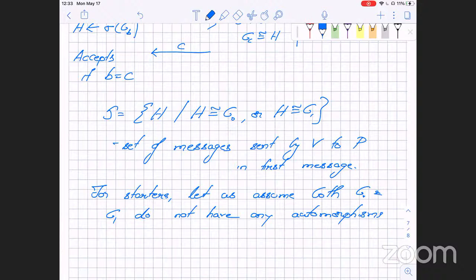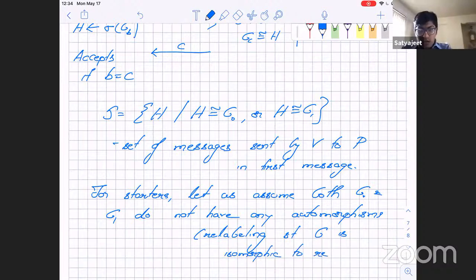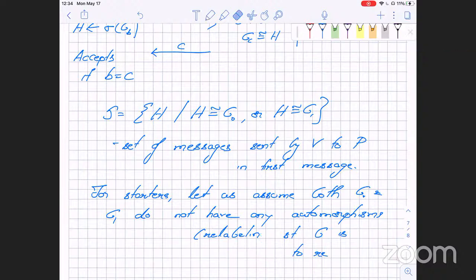An automorphism is a relabeling of the graph in which you get back the same thing. For example, a triangle has automorphisms: any permutation of the 3 vertices gives you back the same graph. So I want to assume that there is no relabeling such that the graph is identical to the relabeled graph. So a square is not identical to the relabeled graph.